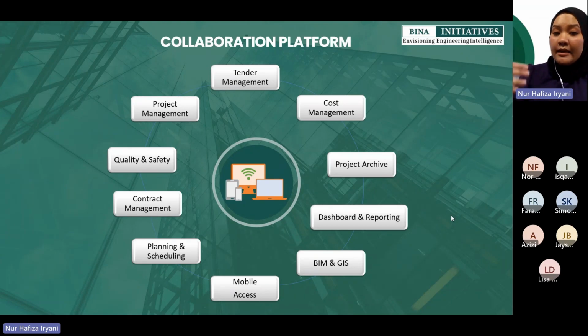The application will be installed in your PC, and when you archive, it is saved into the server or a dedicated PC. You can also archive online, like in the cloud. And you can select to archive either within the project time frame or at the end of the project.